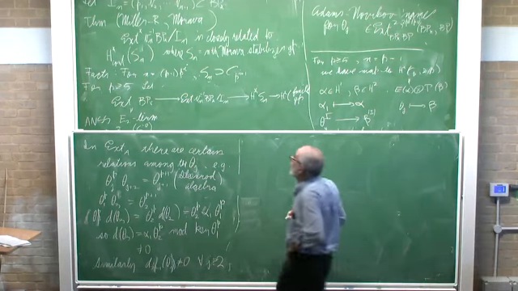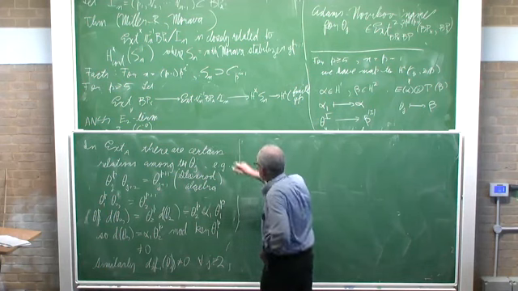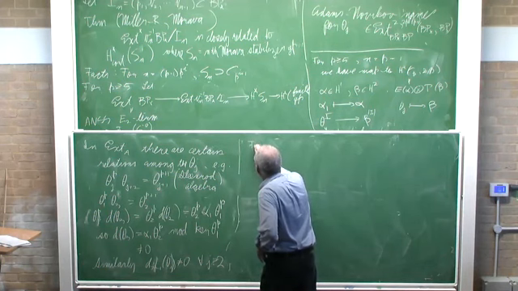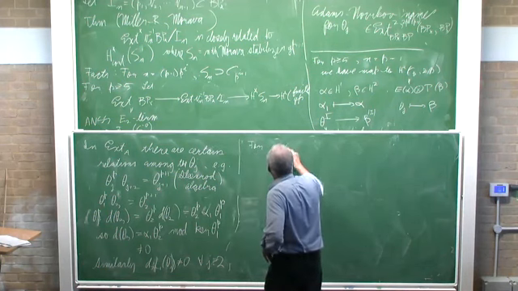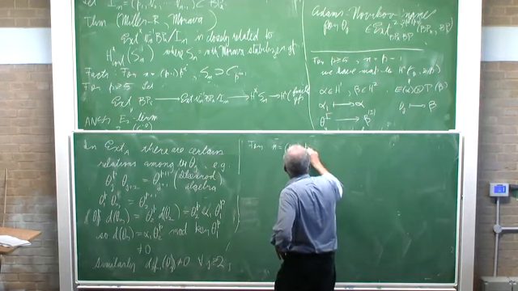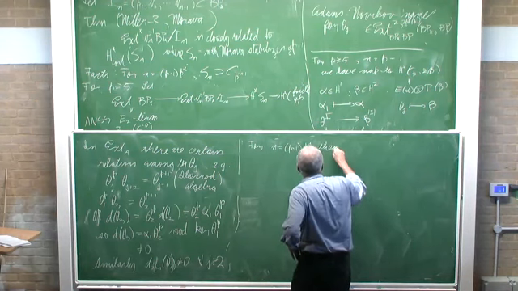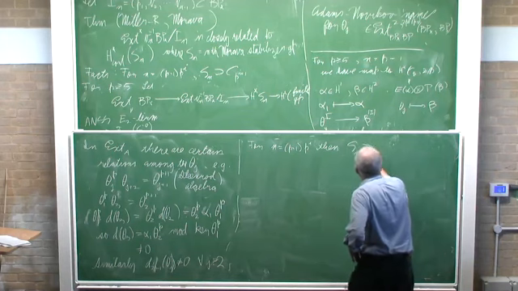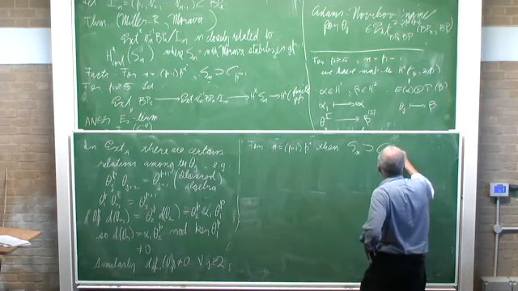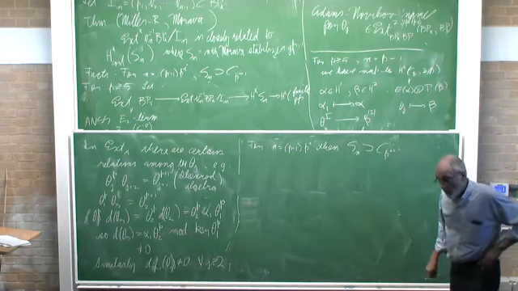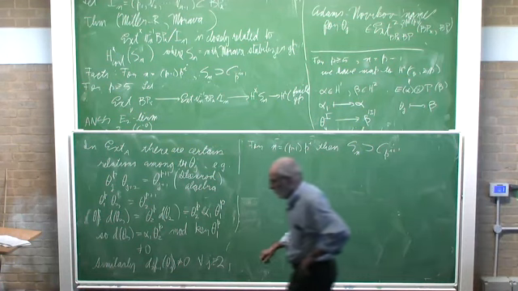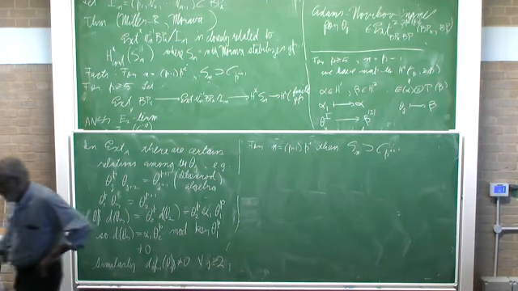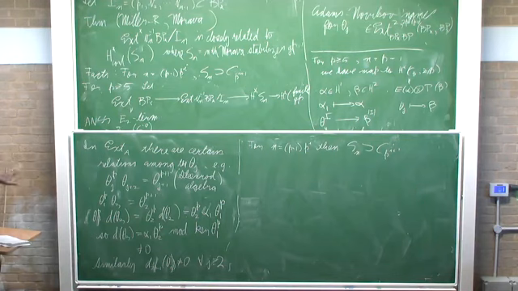Okay, so I'm going to write this down again. If n is p minus 1 times p to the i, then S_n contains a subgroup isomorphic to this. Now, if you want to play this game that I just played here, you have to have n bigger than 2.